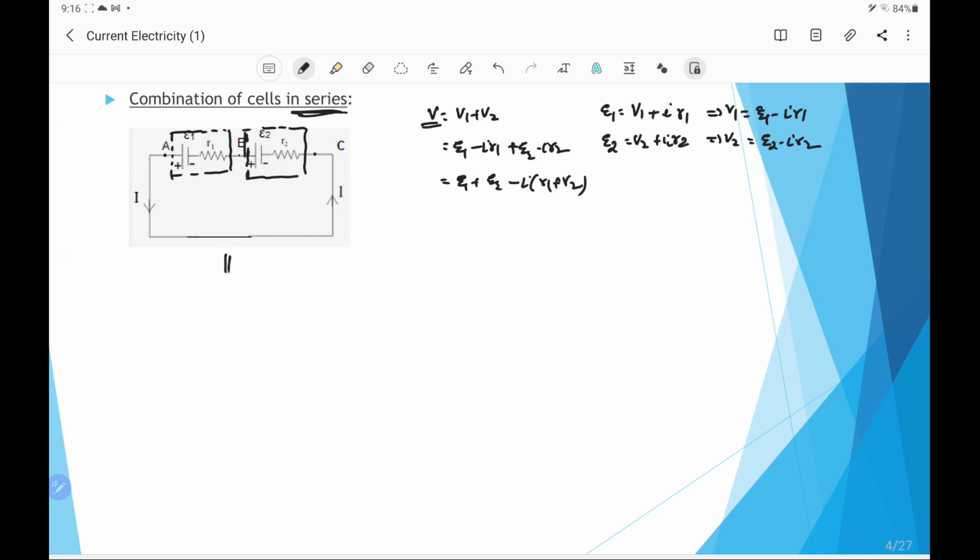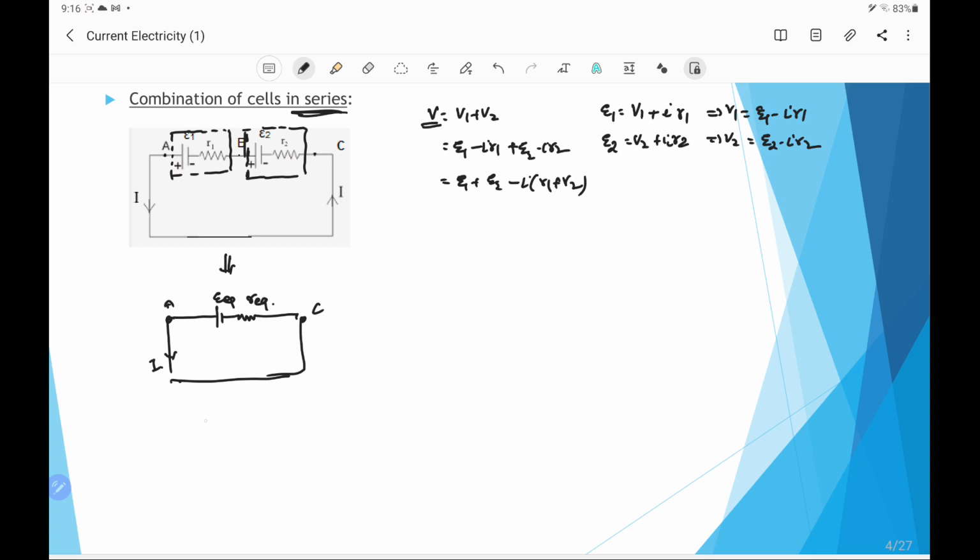So we can replace this circuit between A and C with a single equivalent cell having the equivalent EMF E equivalent and equivalent internal resistance R equivalent, connected to the external circuit with current I flowing.